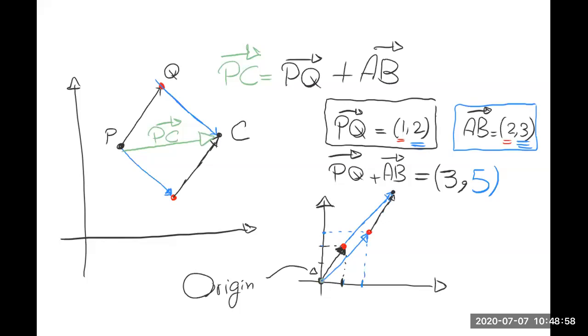And then I would connect this origin to that intersection point. And this is the sum. This green thing is the sum. Okay, so (3, 5) is the algebraic way to find it, and the geometric way is with this algorithm. Okay, any question here?